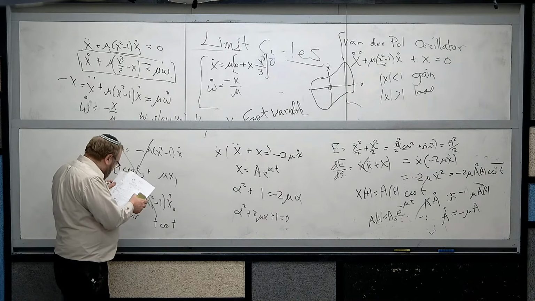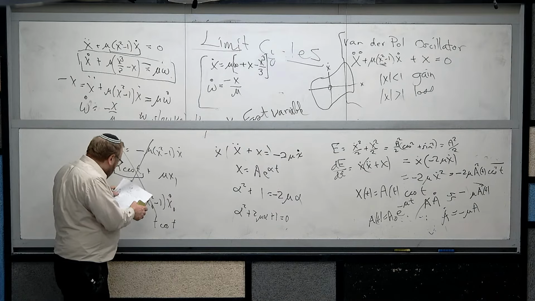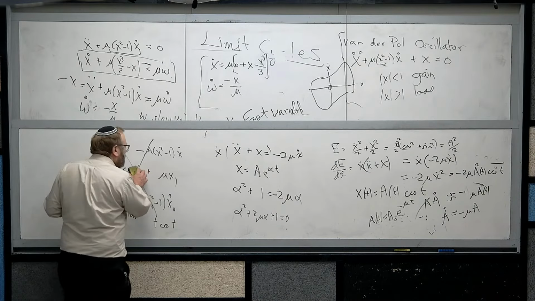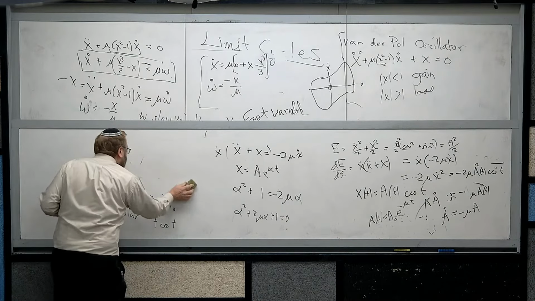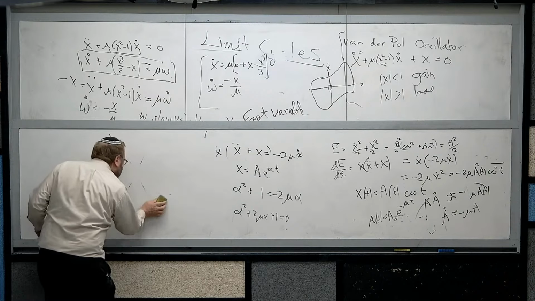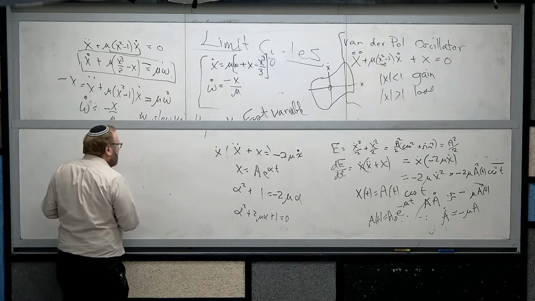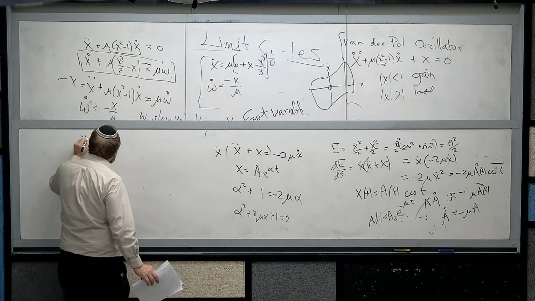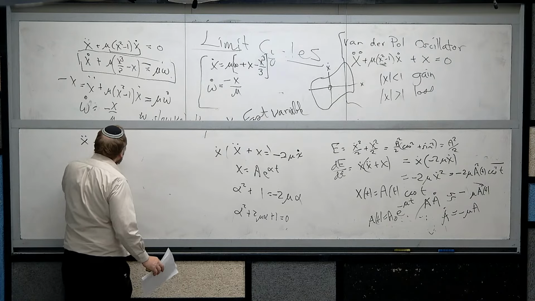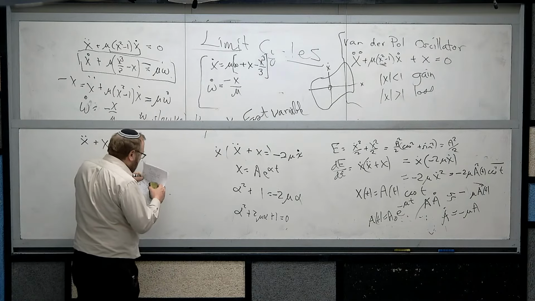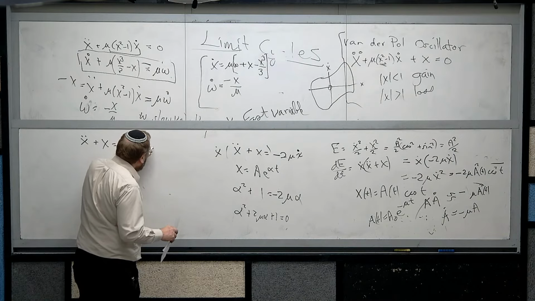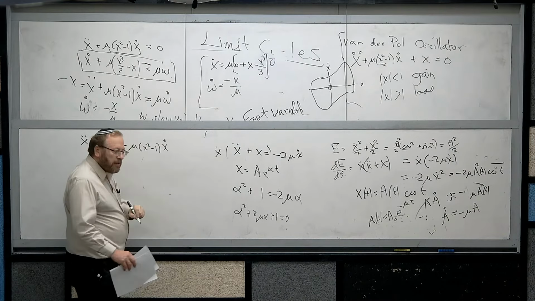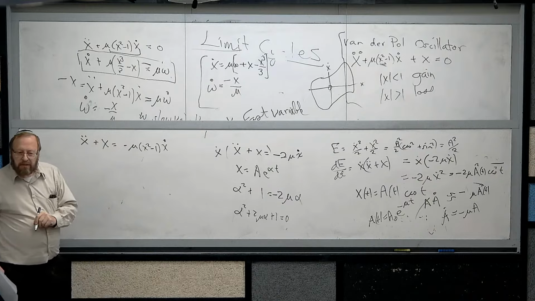Okay, so now we have our Van der Pol oscillator, and we're going to do exactly the same thing. We have x double dot plus x equals, now it's minus mu (x squared minus 1) x dot. Right? That's what we have.